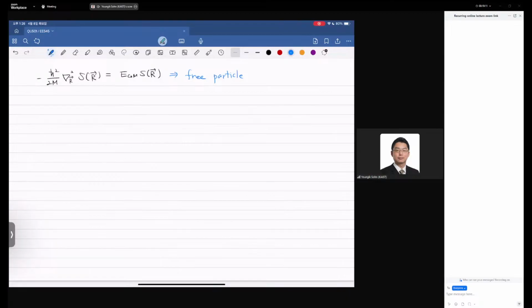Just accept that it's 3D, so we have to express the answer in terms of 3D. Other than that, it's the same.